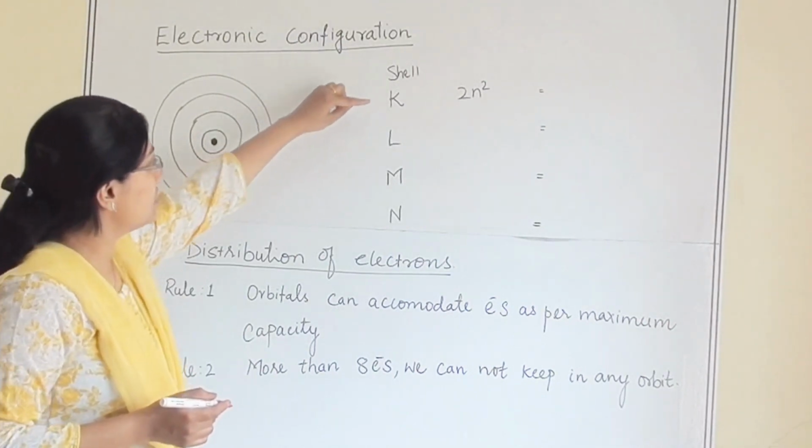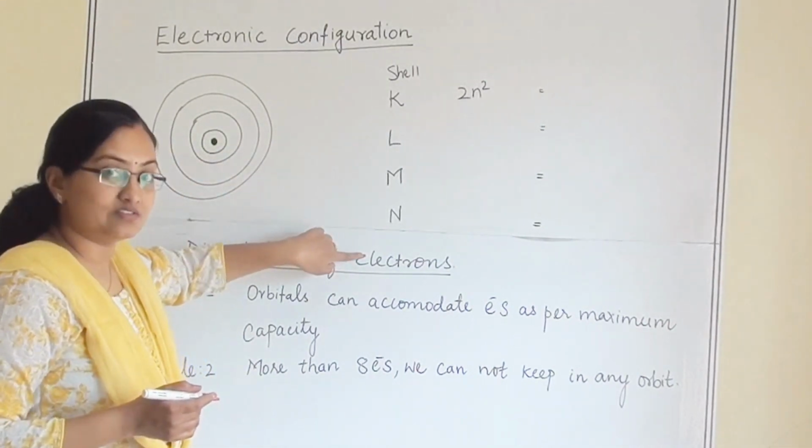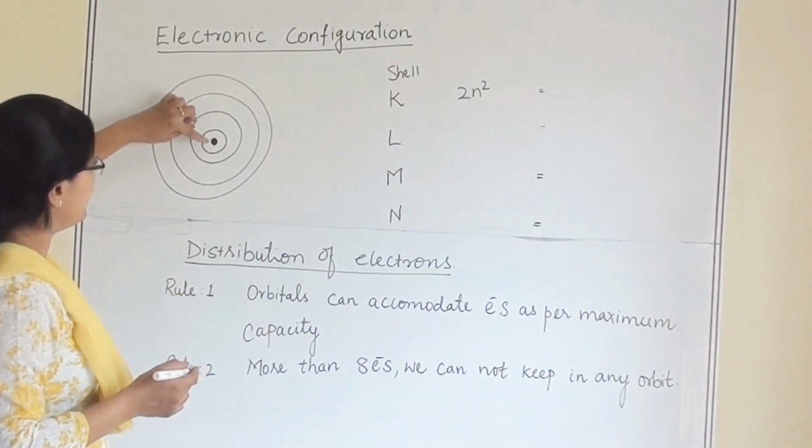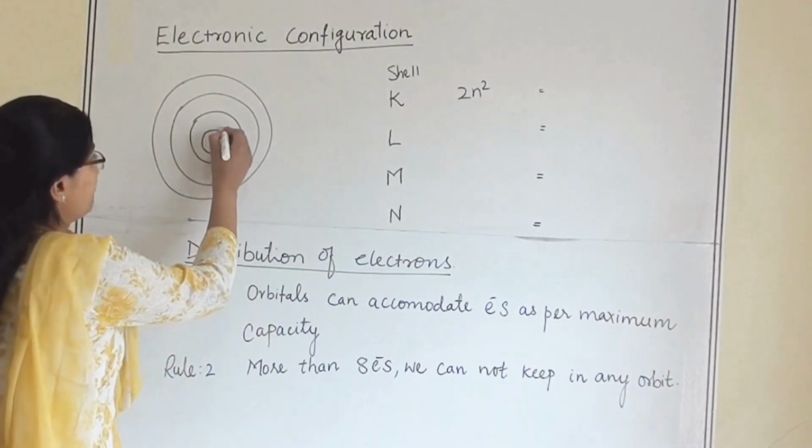We are going to learn about 4 orbits. First one will be K. First one means the one next to the nucleus is the first orbit.